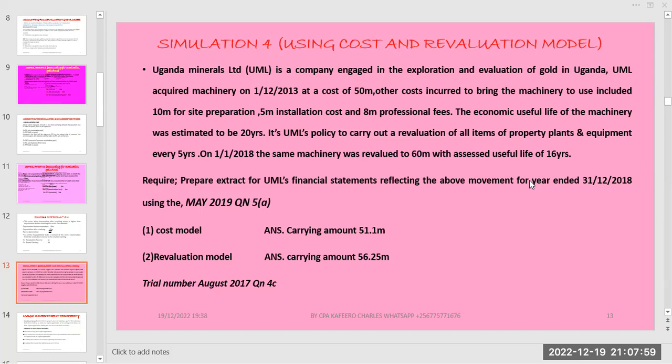They're saying Uganda Minerals Limited is a company engaged in the exploration and evaluation of gold in Uganda.